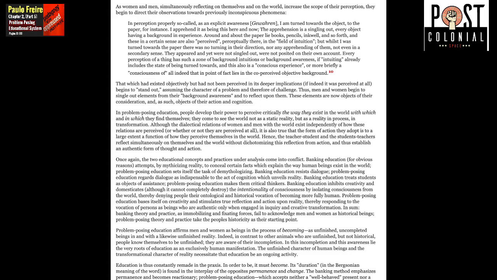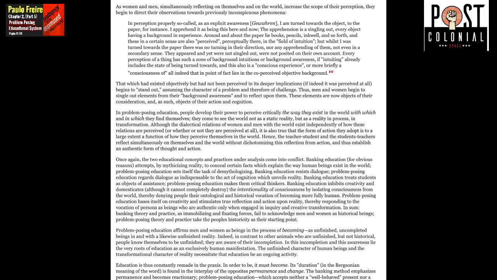I apprehend it as being this here and now. The apprehension is a singling out, every object having a background in experience. Around and about the paper lie books, pencils, inkwell, and so forth, and these in a certain sense are also perceived, perceptually there in the field of intuition.